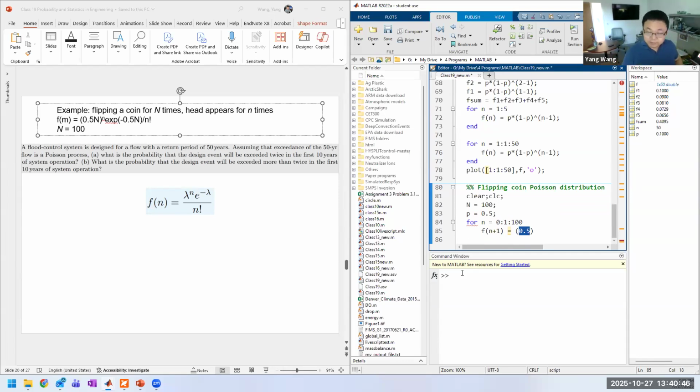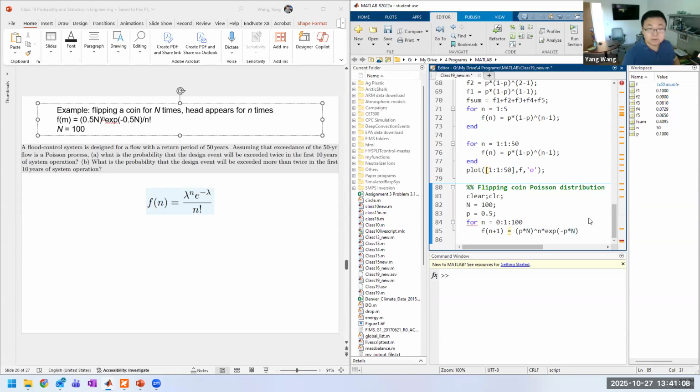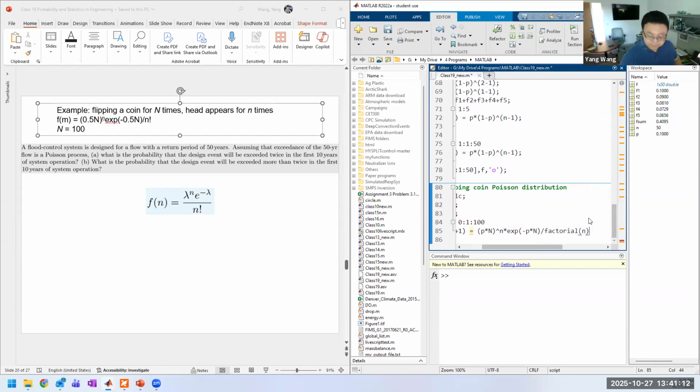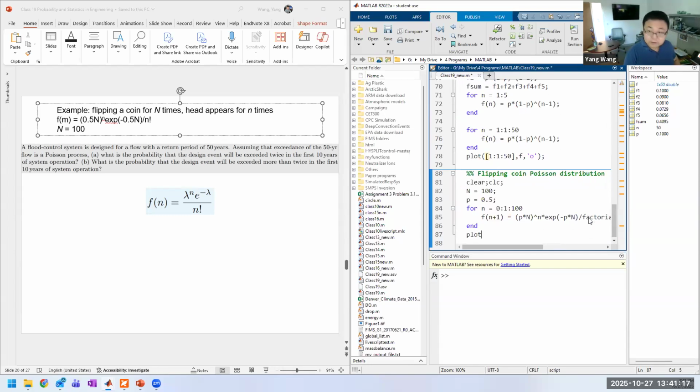So it's P multiplied by N to the power of n, multiplied by exponential of minus lambda, and then divided by the factorial of n. And plot.